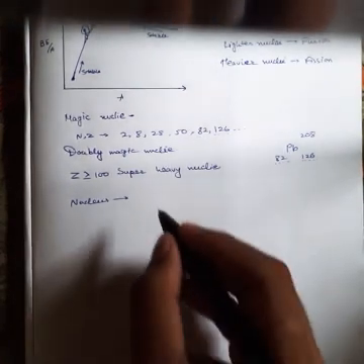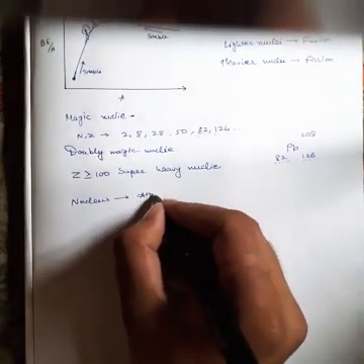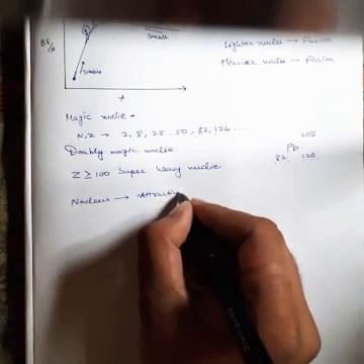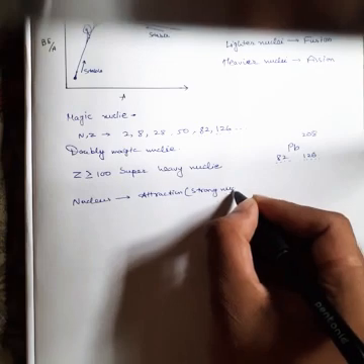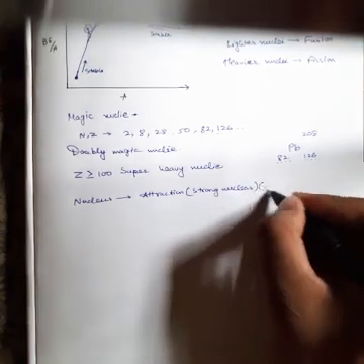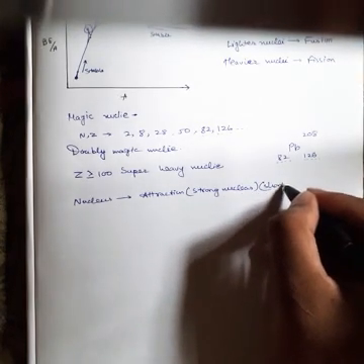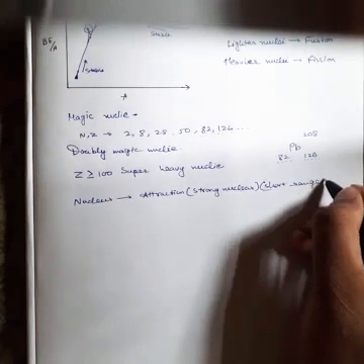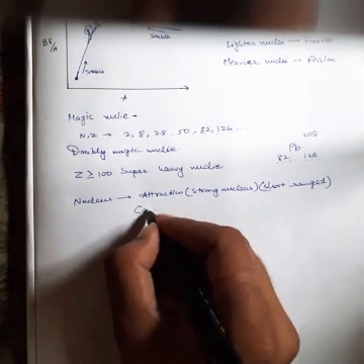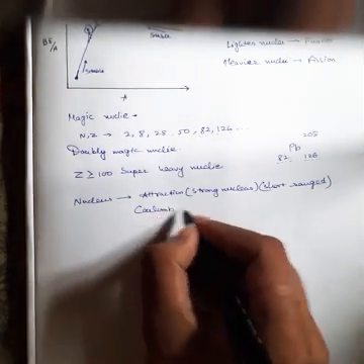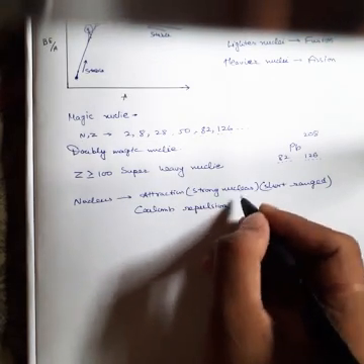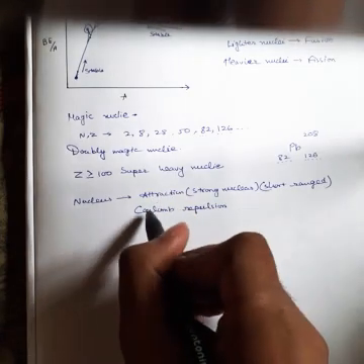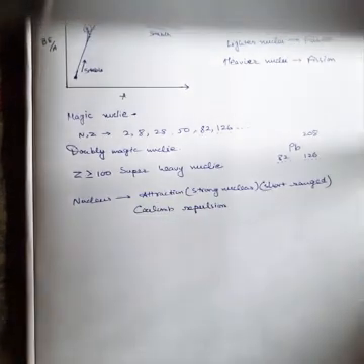So basically, one is the attraction force or strong nuclear force. It's very short ranged. And the other is Coulomb repulsion, relatively longer range. This is between the like charges, like protons.